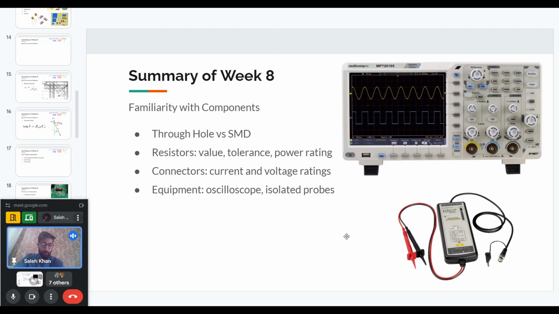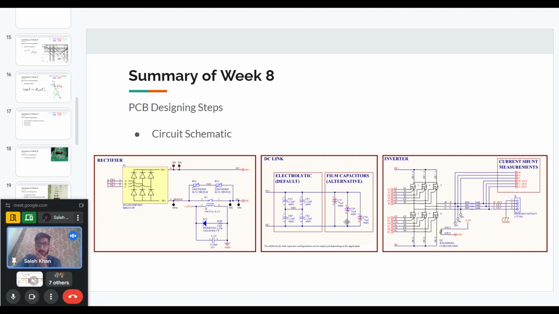The rest of the components are covered in the course. I cannot go into detail because of the time limitation. So I'll just talk about some basic PCB designing steps. PCB designing basically starts from your circuit diagram. And usually it is not a very simple circuit diagram.